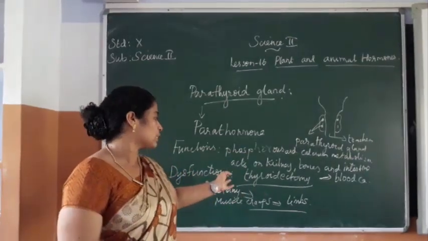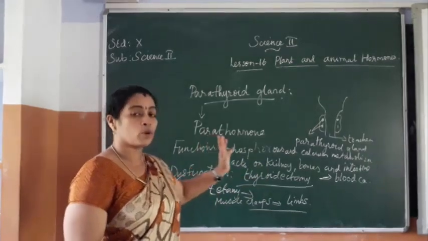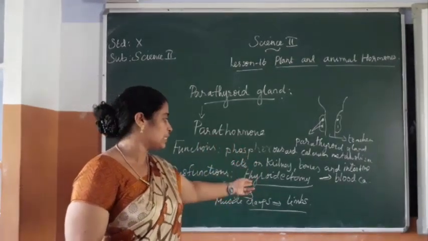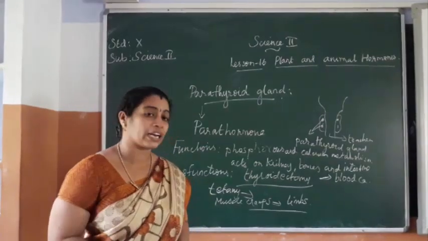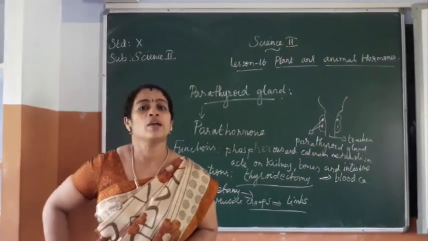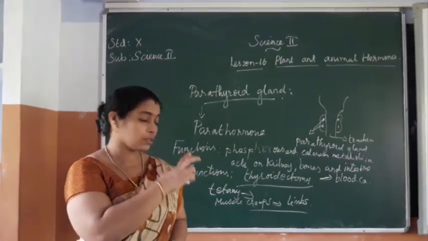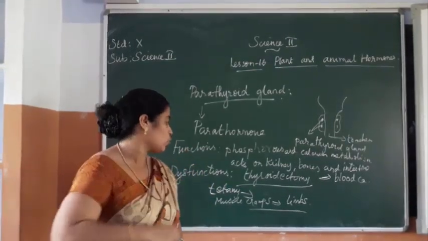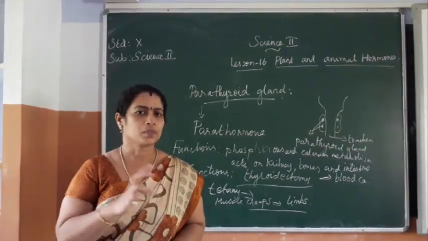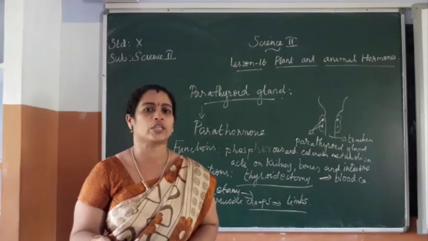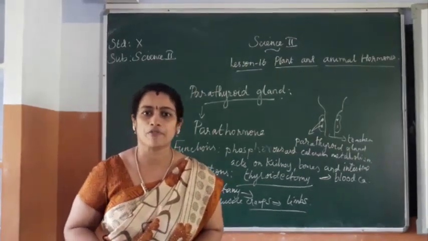So parathyroid hormone will not be produced. It will result in two diseases, known as tetany and muscle cramps. Tetany means contraction of muscles of the limbs, face and feet. The second one, muscle cramps, is pain in the limb. These are the two deficiency effects caused due to the dysfunctioning of parahormone.